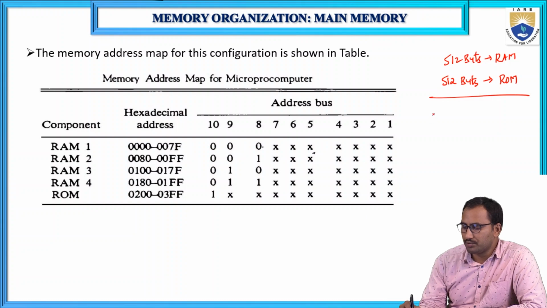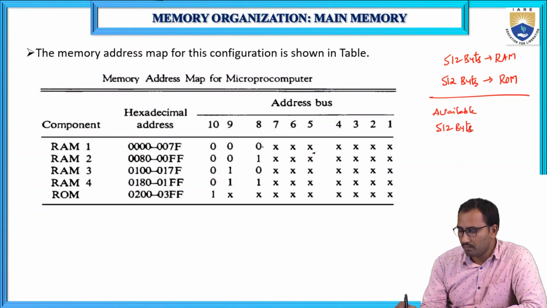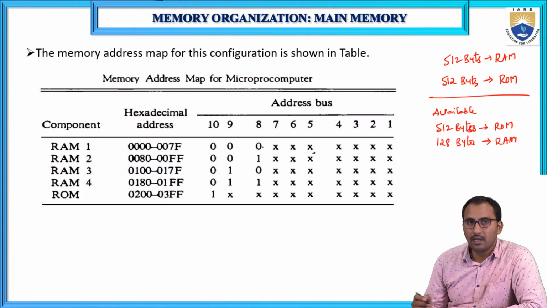The available chips are a 512-byte ROM and 128-byte RAM chips.